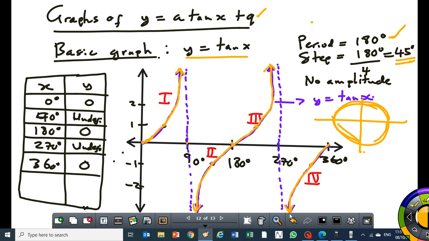And in most cases, in most tests or examinations, you won't see the graph of tan, but I'm not saying it cannot be tested. It is tested, but most of the time you get questions on sine and cos. But you also need to know tan because it can also be tested. Okay, so make sure you know.